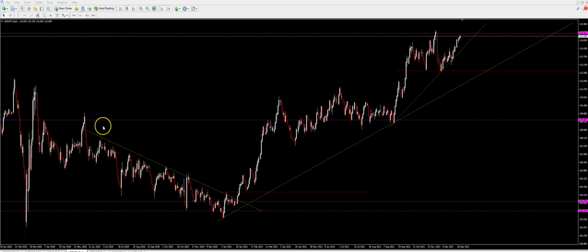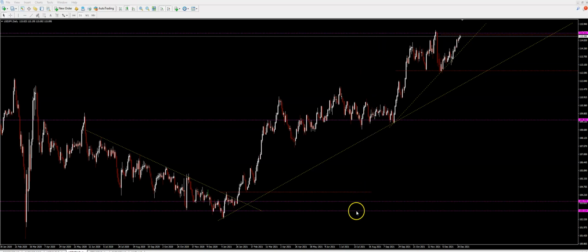So, as you can see, I have purple lines and I have yellow lines. My yellow lines are my trend lines based on trends going up, trends going down, and sub trends within trends, which is this line, which is still a trend up. I also have these purple lines.